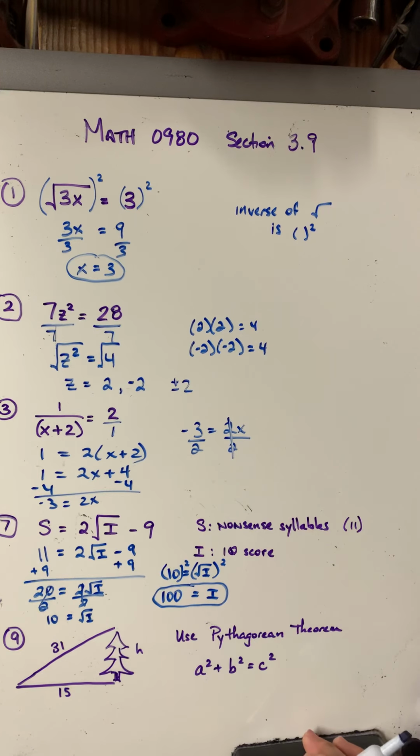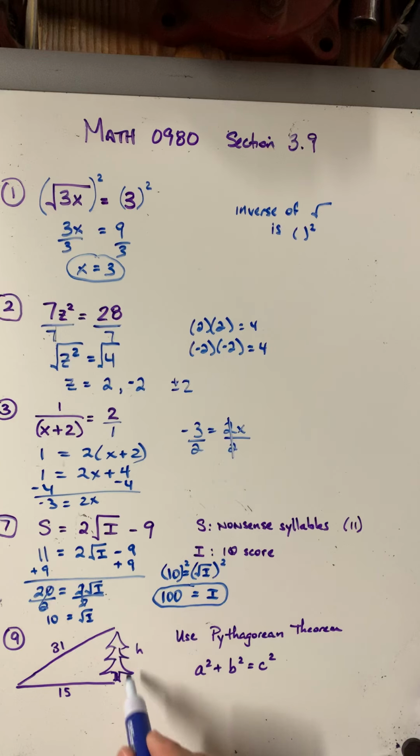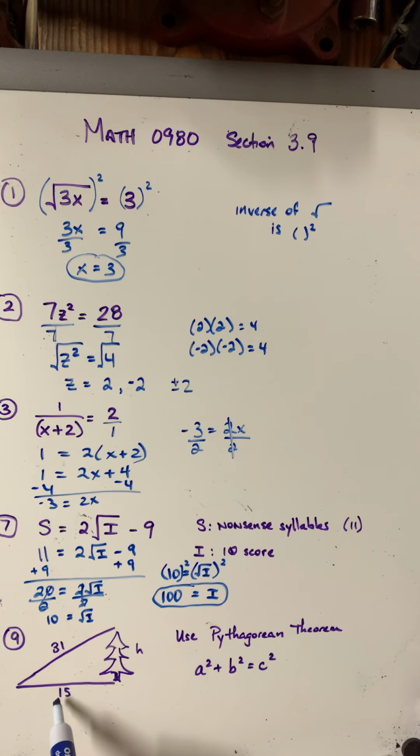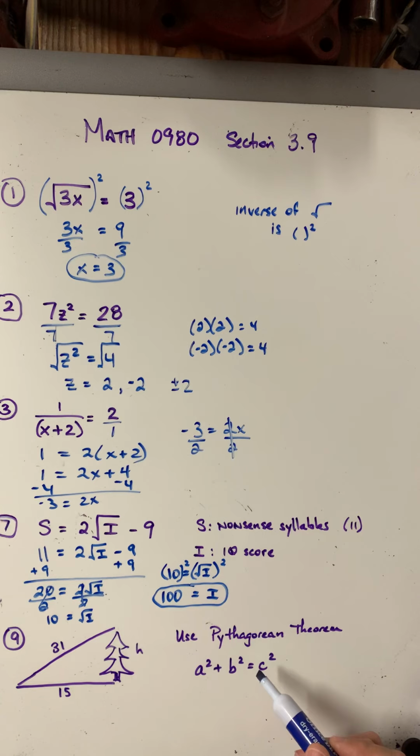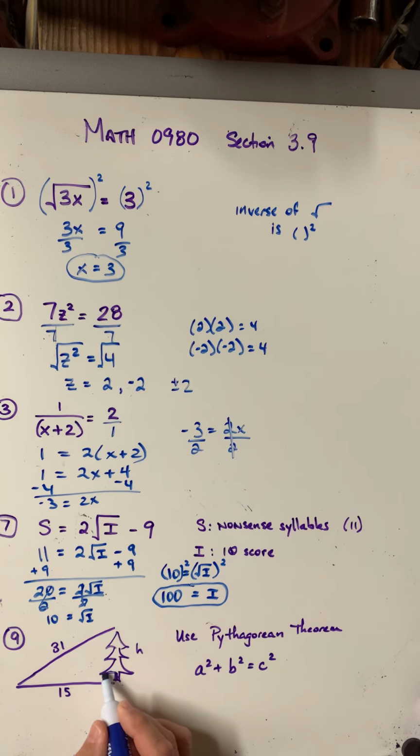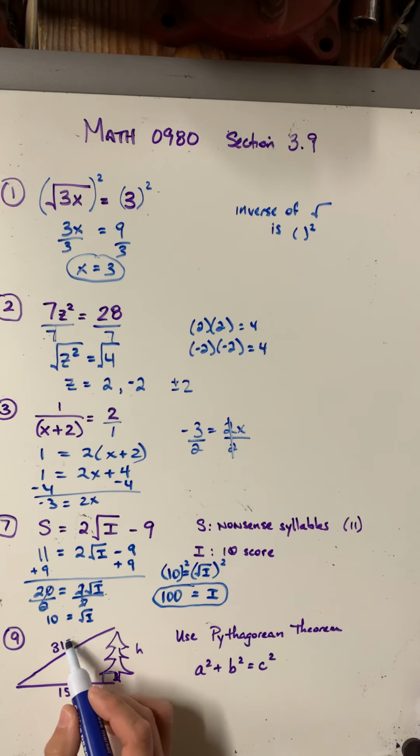Okay, the last question I'm going to talk about is number 9, where they have this tree and they want you to find the height. They create a triangle out of the picture and give you this distance and that distance. The best way to solve it is to use the Pythagorean theorem: a squared plus b squared equals c squared, which works on a right triangle, which they've created here. The c, remember, is always the hypotenuse.